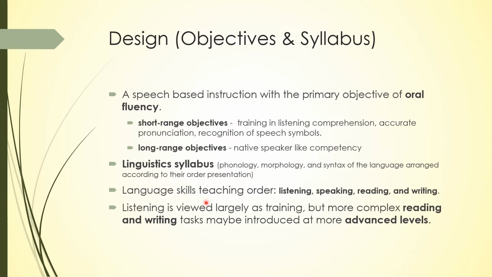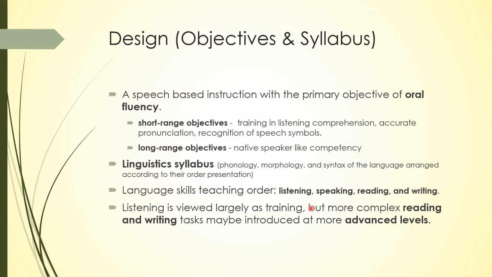And skills orders are like this one. First one, of course, listening, followed by speaking, and reading and writing will come when the learner will try to go to the advanced level. Listening is viewed largely as training, but more complex reading and writing tasks may be introduced at more advanced levels.